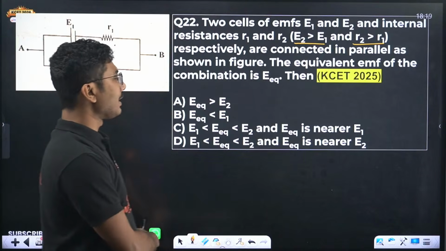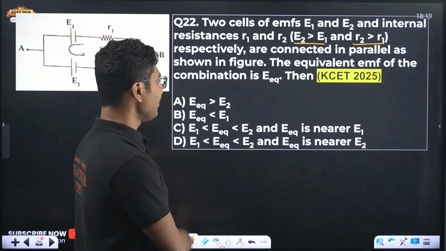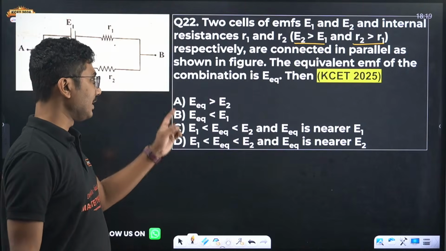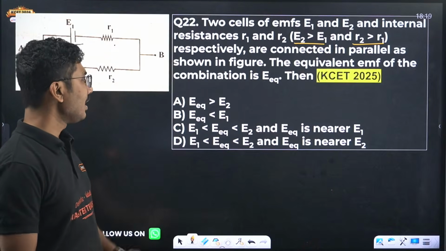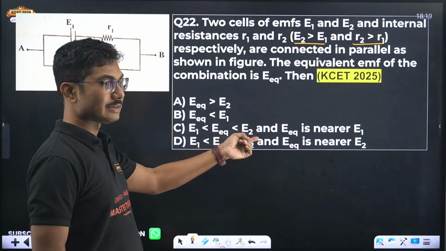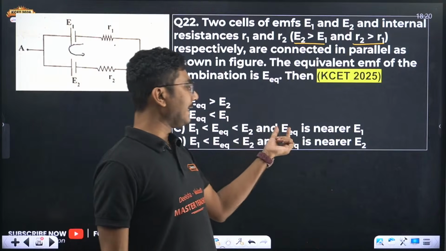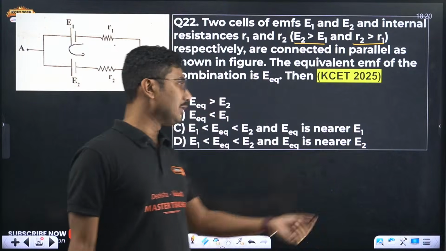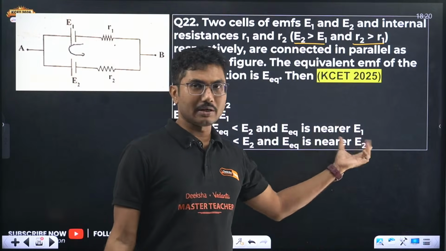For the equivalent combination E equivalent, which relation is correct? E equivalent is greater than E2; E equivalent is less than E1; E equivalent is greater than E1 and less than E2, so it is between these two values and nearer to E1; again the same relation, but E equivalent is nearer to E2.